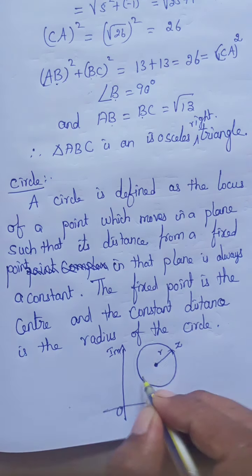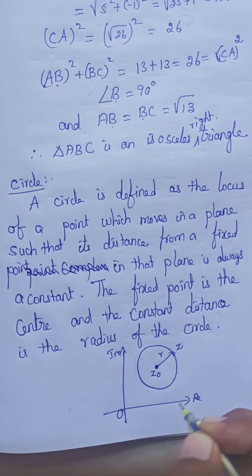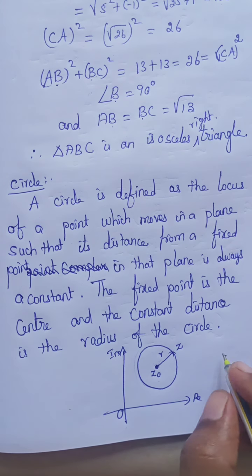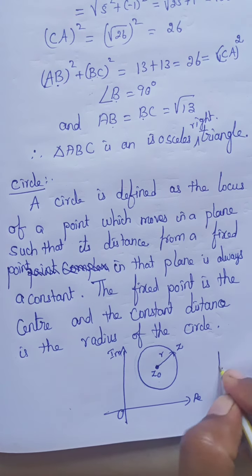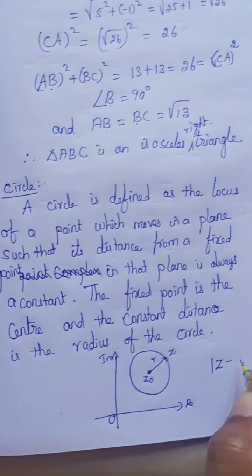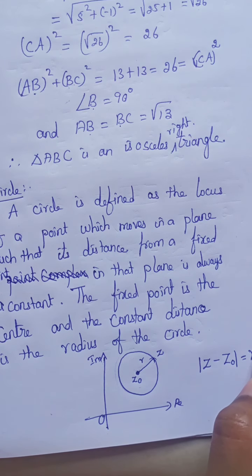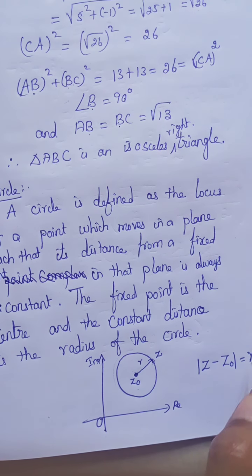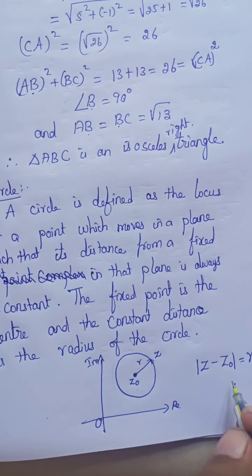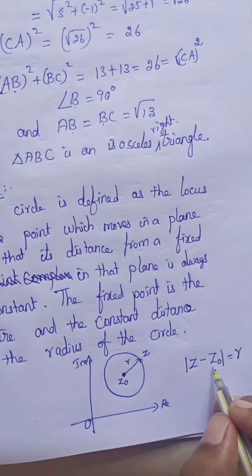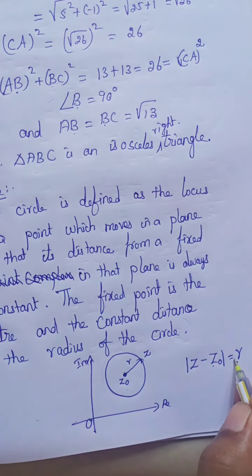So I am taking the radius as R, and let the center be Z0. The locus of the equation which satisfies modulus Z minus Z0 equal to R is the equation of the circle in complex form. So Z0 is the center and R is the radius.